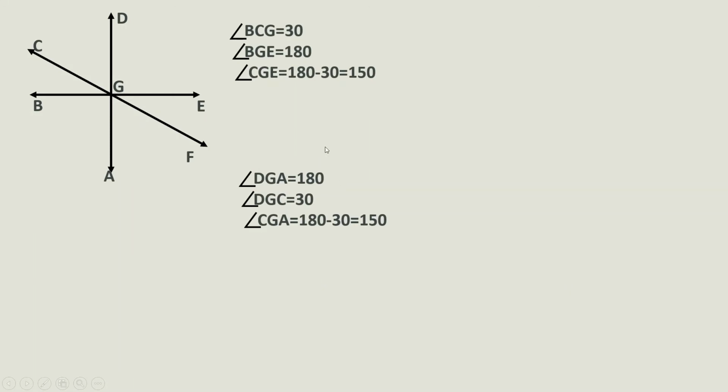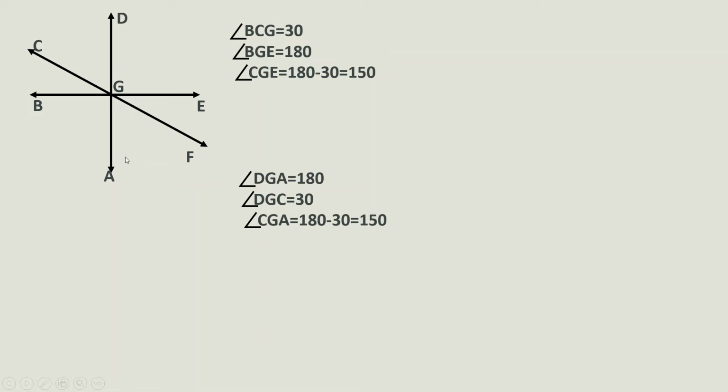Here, we know that BGC is 30 degrees and BGE is 180 degrees. To find out CGE, we have to subtract 180 degrees and 30 degrees, which gives us 150 degrees.